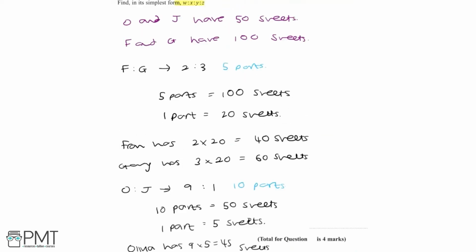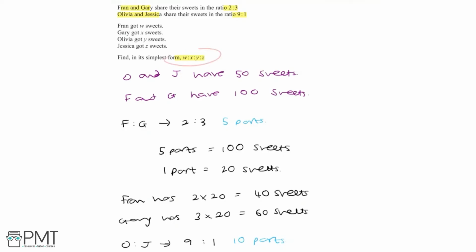Well, now remember that we need to find the ratio W to X to Y to Z. We know that Fran got W sweets, Gary got X sweets, Olivia got Y sweets, and Jessica got Z sweets. Like we said, Fran has 40 sweets, Gary has 60, Olivia has 45, and Jessica has 5.